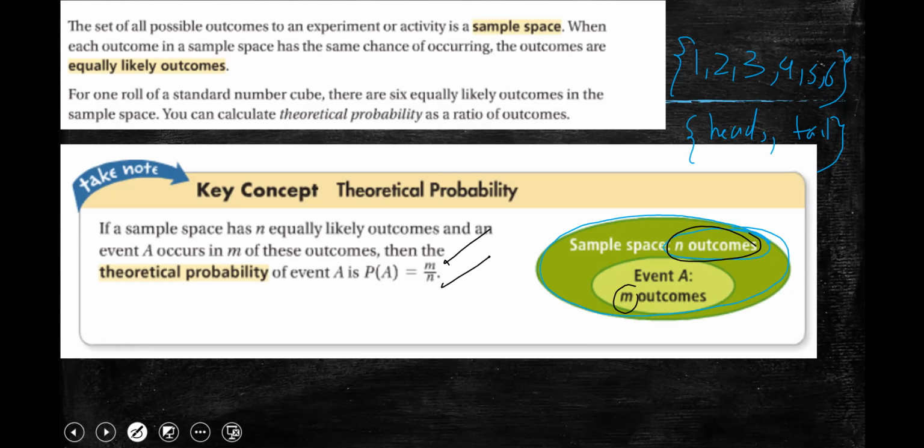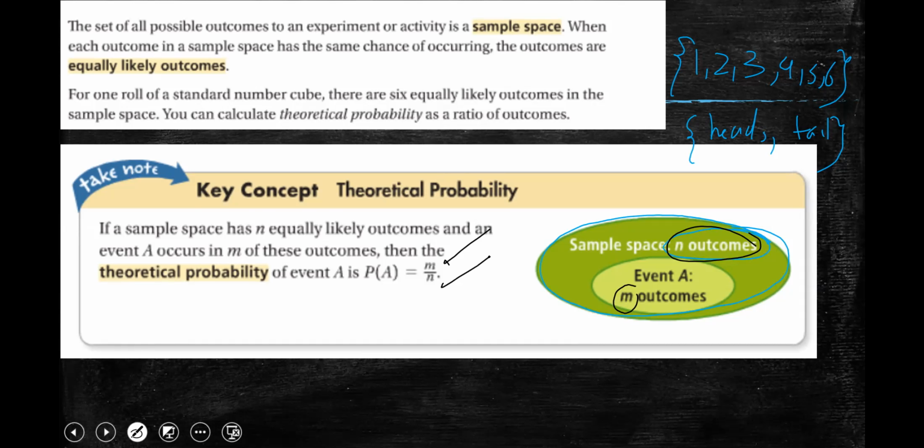So the probability of getting A is m over n: the number of outcomes of the event over the number of outcomes of the sample space.